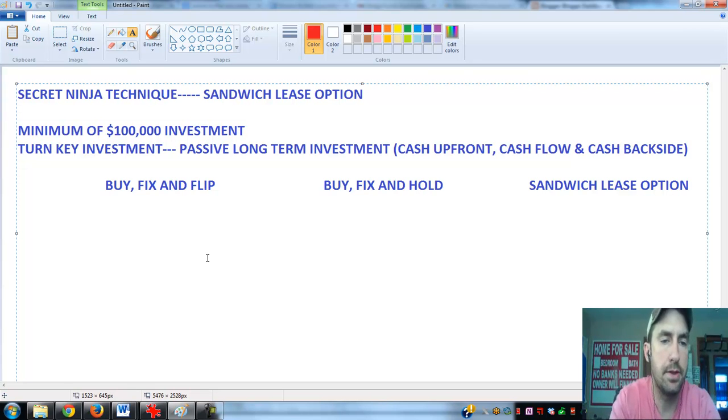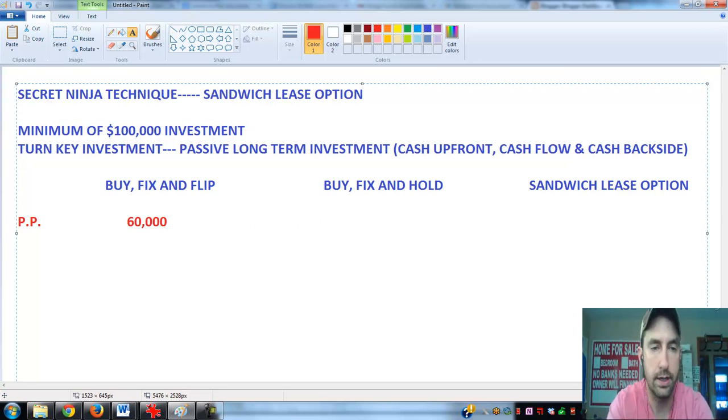Let's talk about the example to give you a comparison of purchase price. I'm going to give some comparisons of a standard purchase price for a fix and flip. They do their best to get it as low as possible.